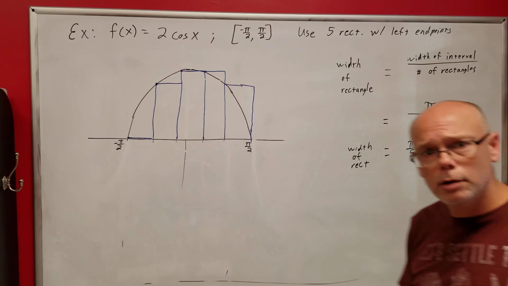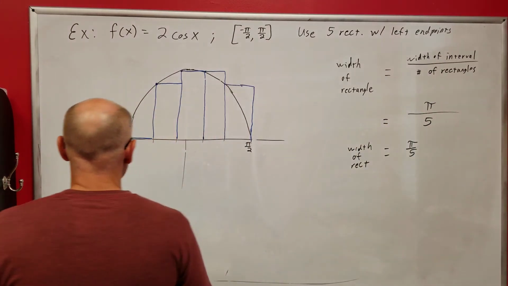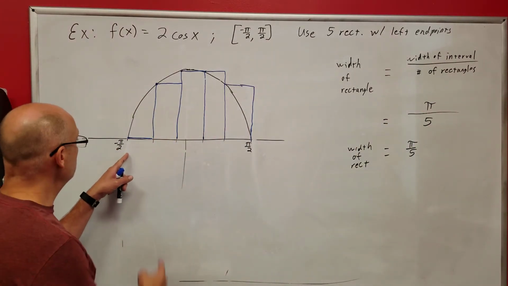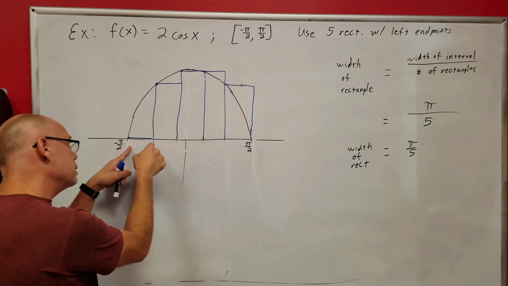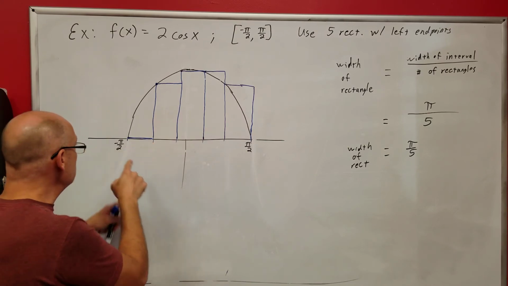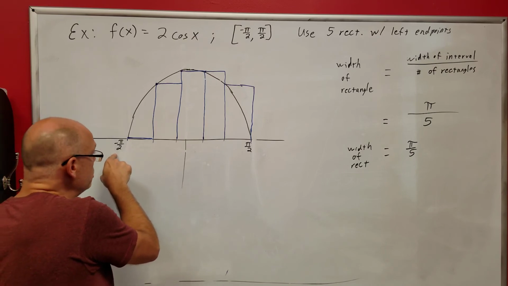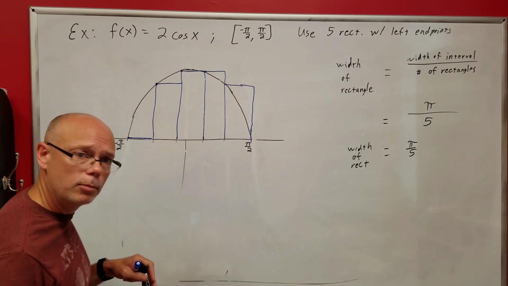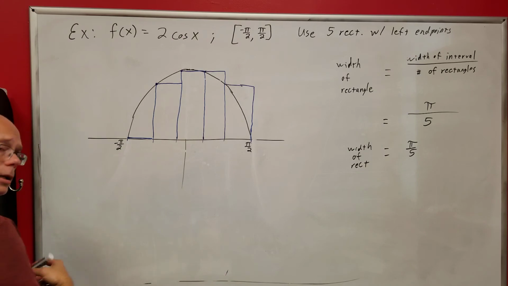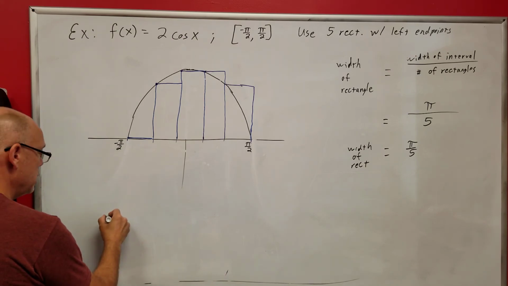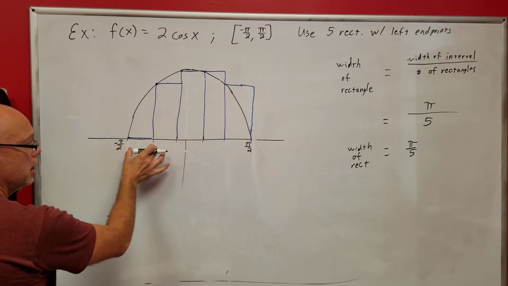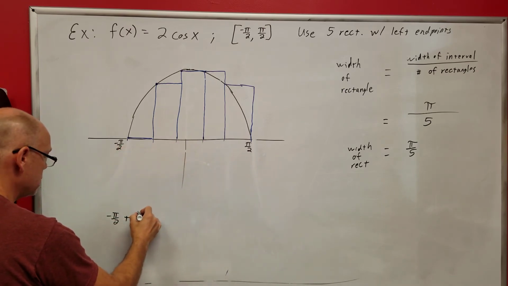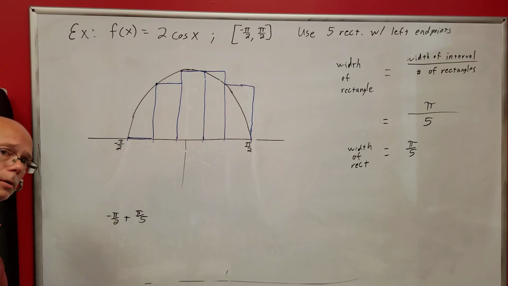So now how does that help me over here? That helps me here because what do I know? I know the width of this rectangle is pi over 5. So to find this point right here, what would I do? I would say negative pi over 2 plus pi over 5 more. So maybe I'll come down here and do some scratch work. Negative pi over 2 plus pi over 5.